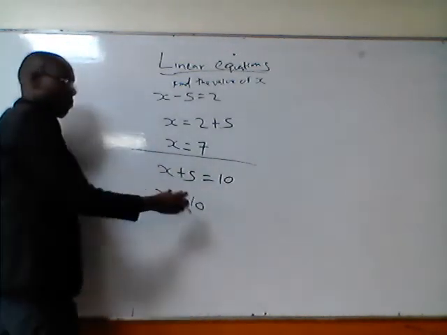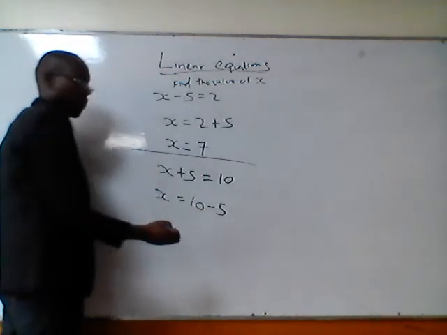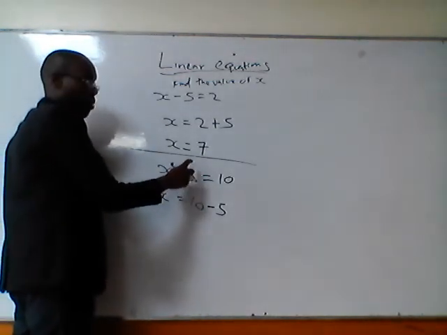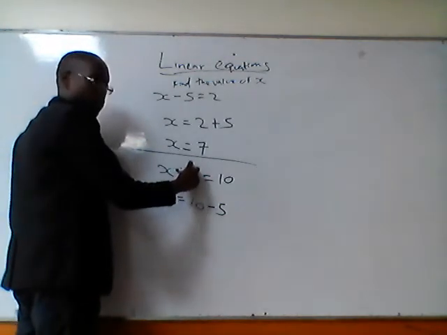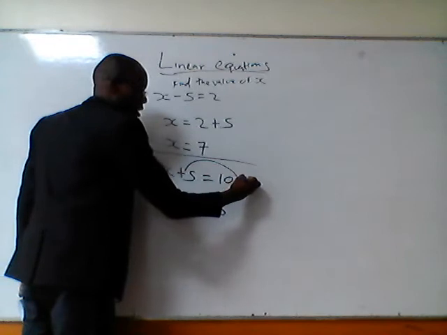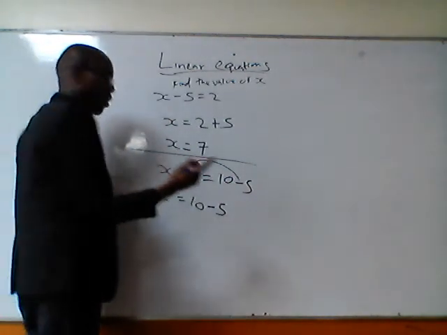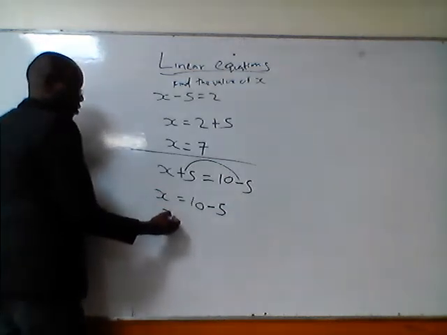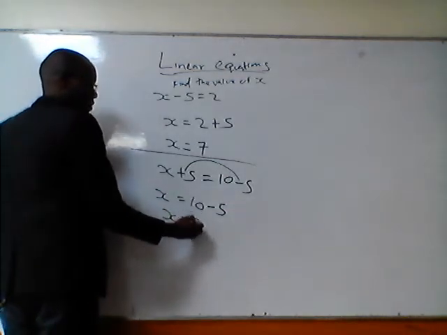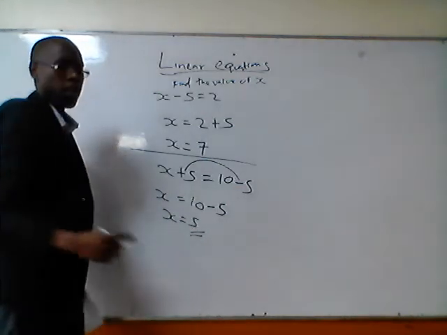So it will be 10 minus 5, because here it was a positive. The moment a positive crosses an equal sign, it becomes a negative. And if it was a negative, it becomes a positive. So your x will be equal to 5, since 10 minus 5 is 5.